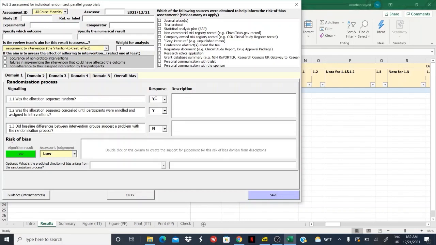If there is a slight problem with one domain, the algorithm might take that to mean that this domain is completely subverted. Even though you, as the assessor, know that it's only really a very slight problem that does not warrant a high risk of bias judgment.